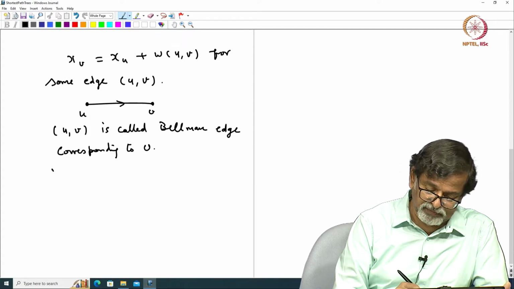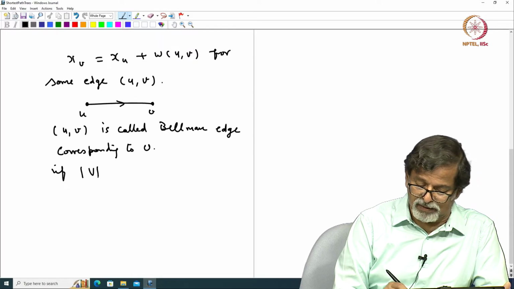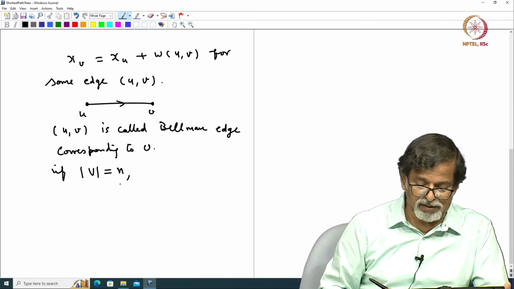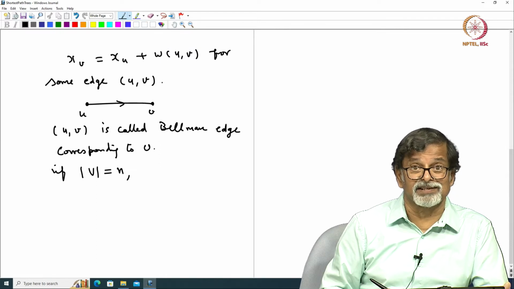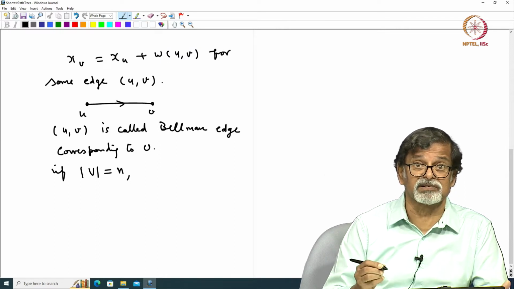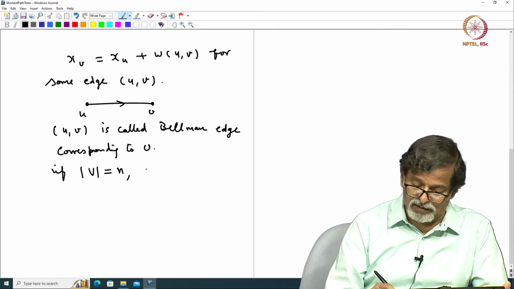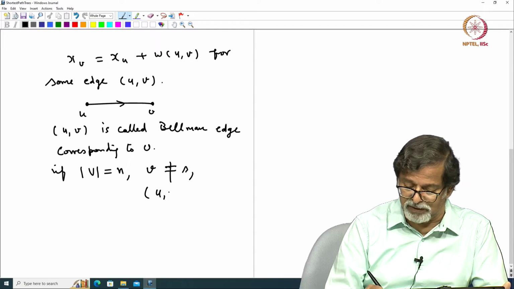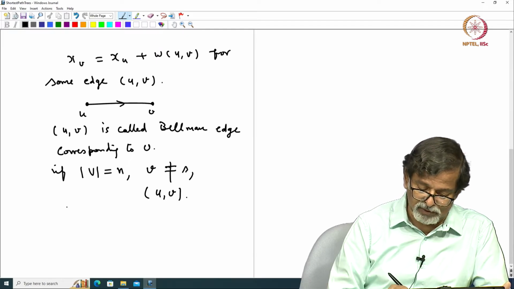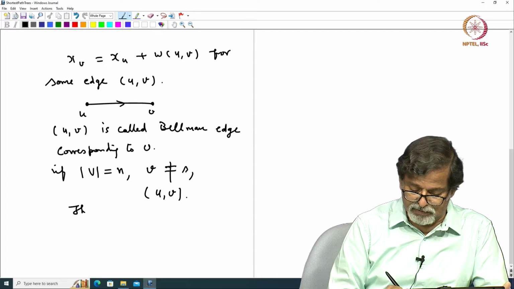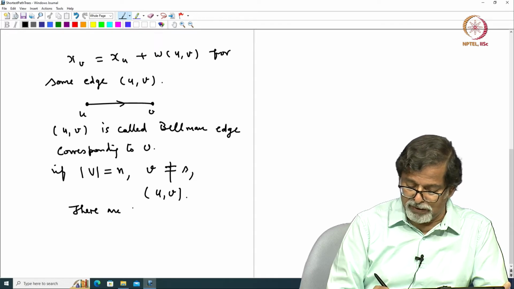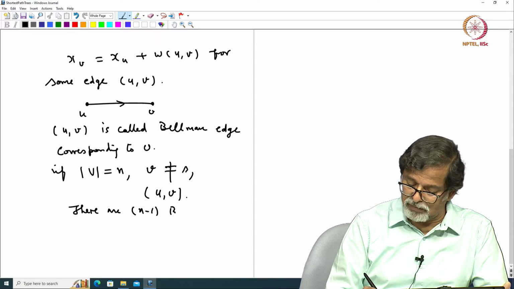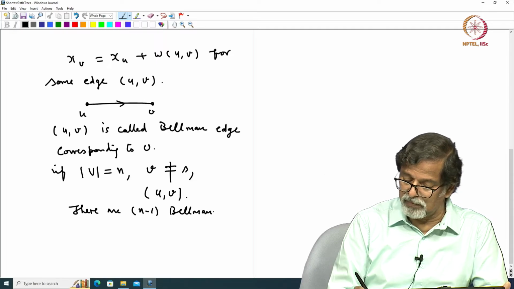Therefore, if cardinality of V equal to n, other than S there are n minus 1 vertices, for each vertex v not equal to S, we have an associated Bellman edge uv. Therefore, there are n minus 1 Bellman edges.